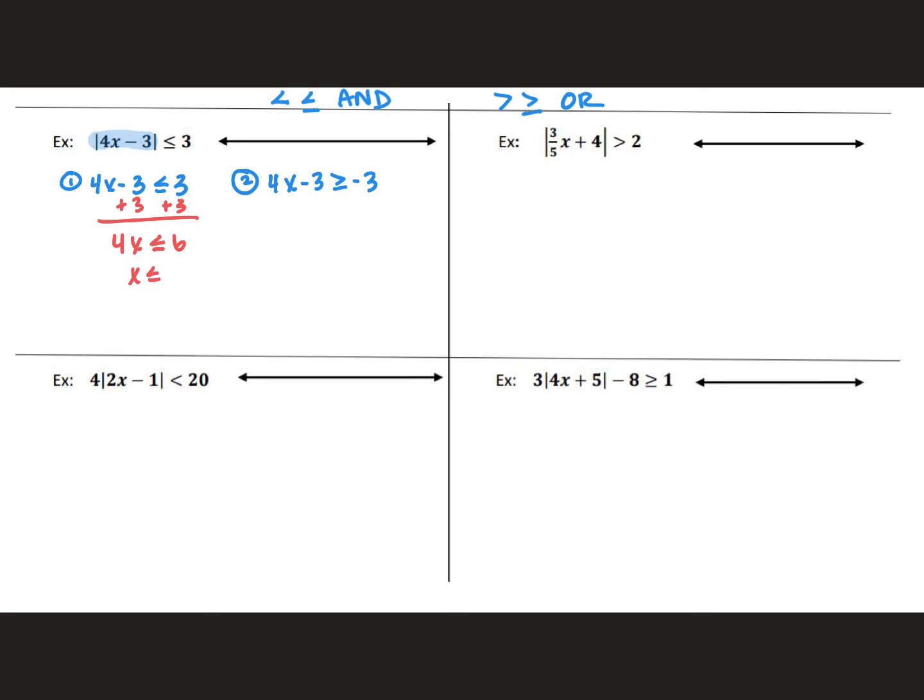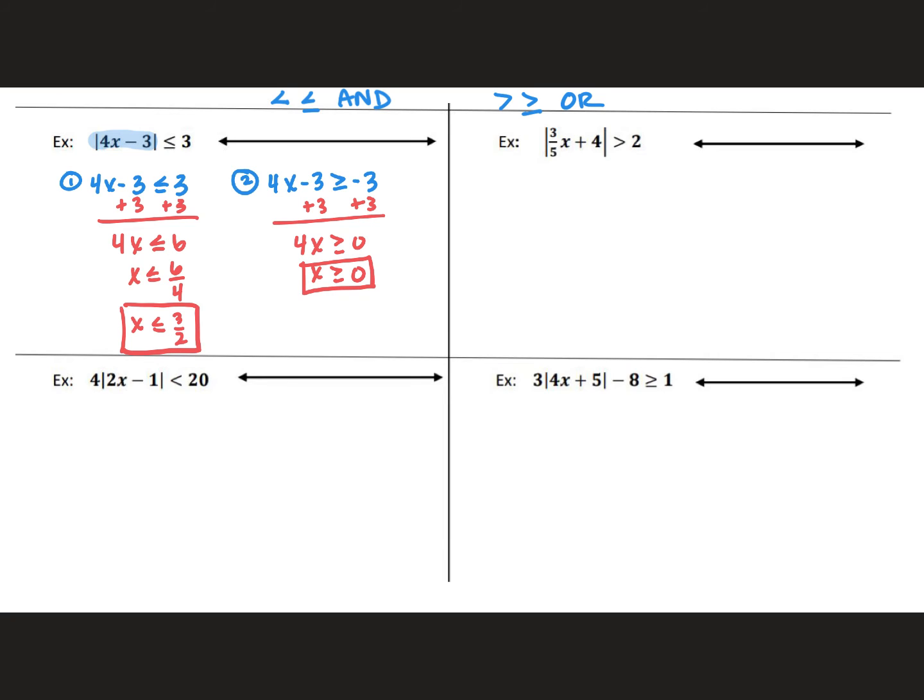And then I'll divide by 4, and I get 6/4, which reduces down to 3/2. If you don't like 3/2, you're welcome to use 1 1/2. So here on the second one, add 3. I get 4x is greater than or equal to 0. I'll divide by 4 and get x is greater than or equal to 0.